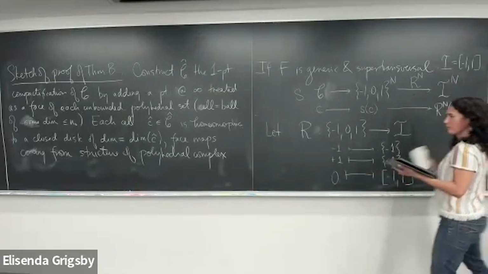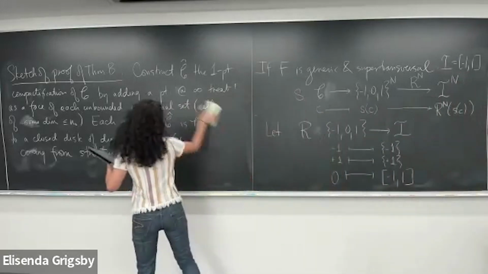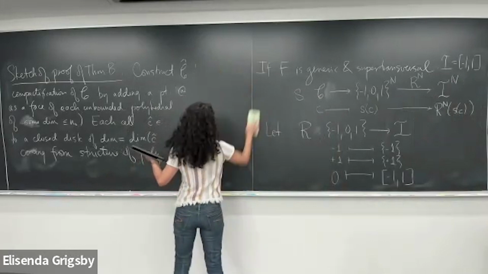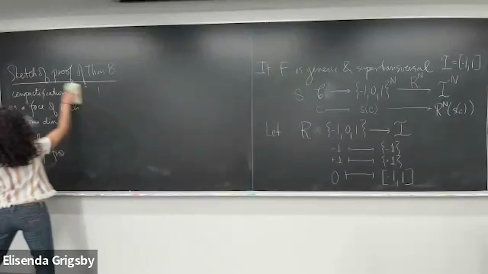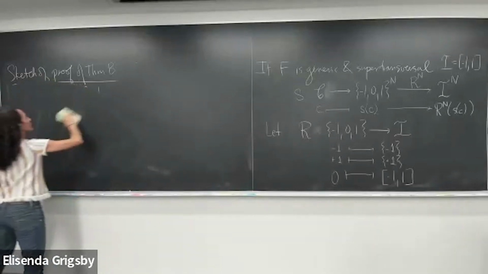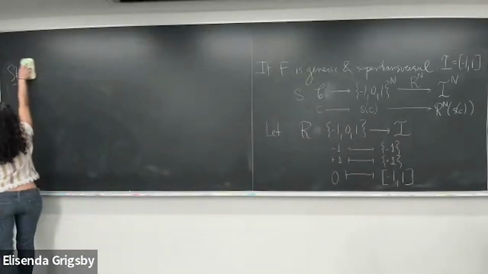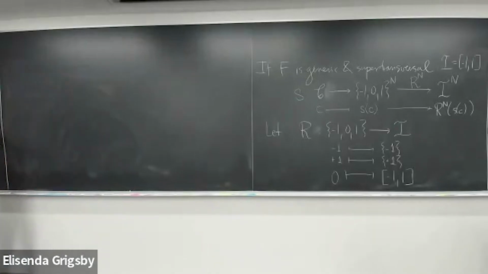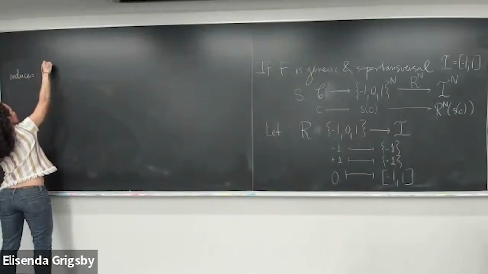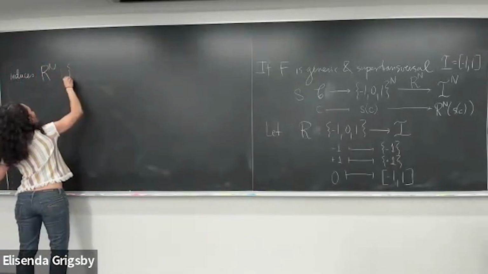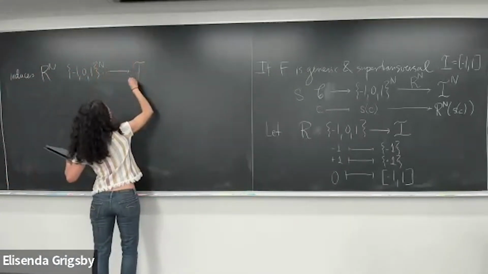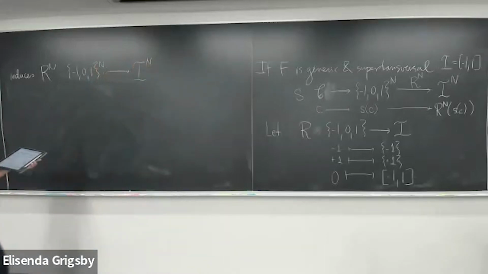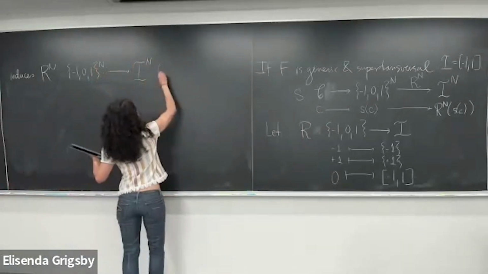So now the product of these maps. So this is a product cell complex.